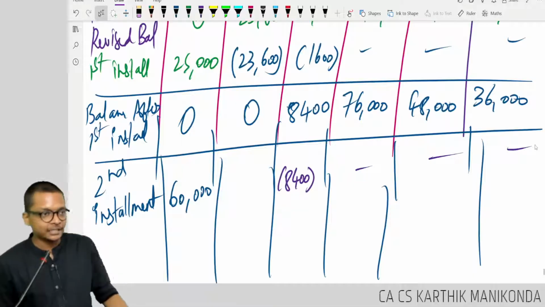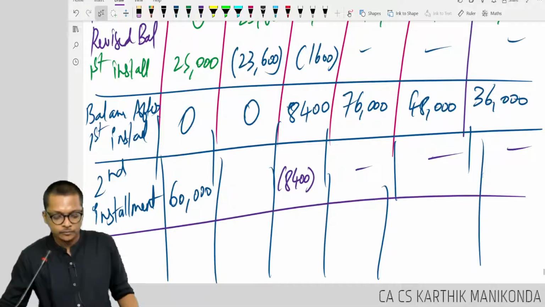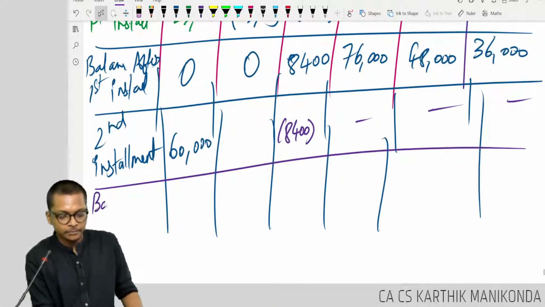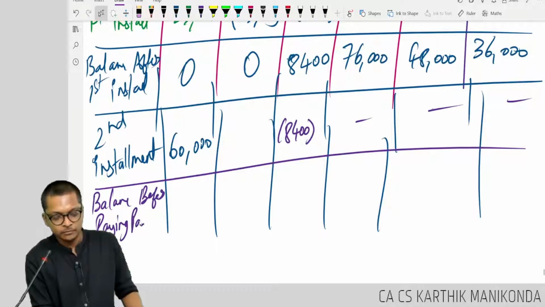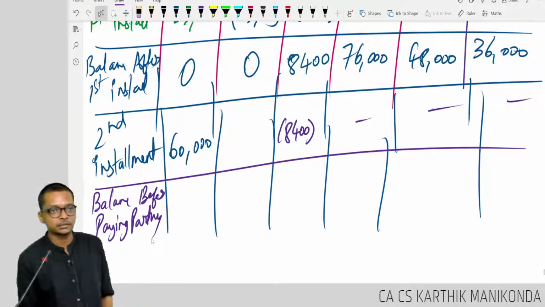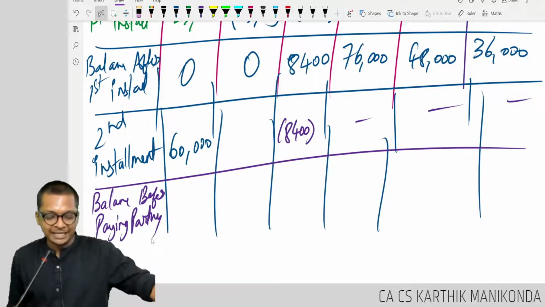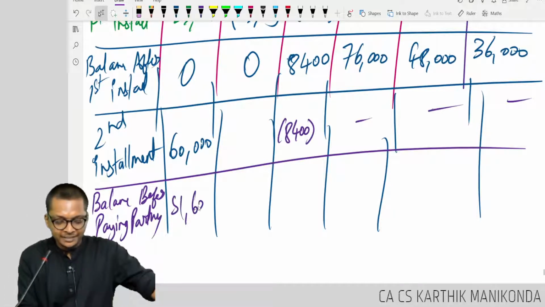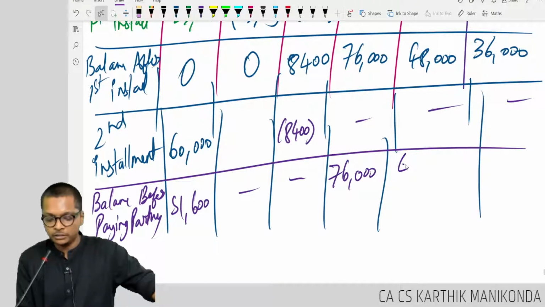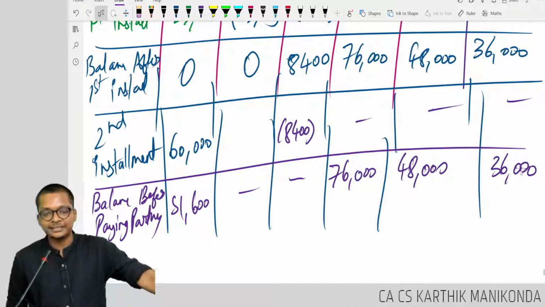Partners we will decide later. So now you write down balance before paying partners, after paying liabilities. How much cash do I have? 51,600. Liability became 0. Partners is 76,000. 48,000. 36,000. Are you following?